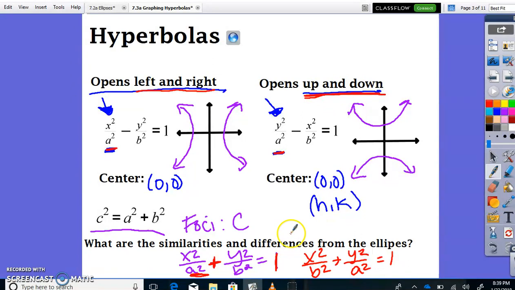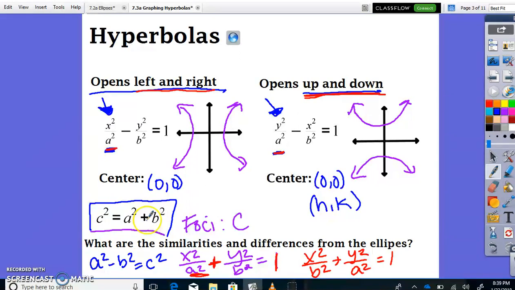That's important. Another similarity, but also a difference, is that for an ellipse, to find the foci, we did a squared minus b squared equals c squared. For a hyperbola, we do a squared plus b squared equals c squared. So they're similar, but they're different.